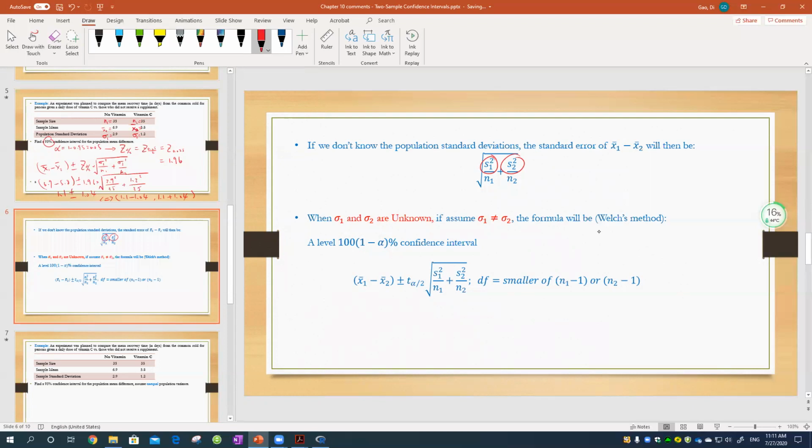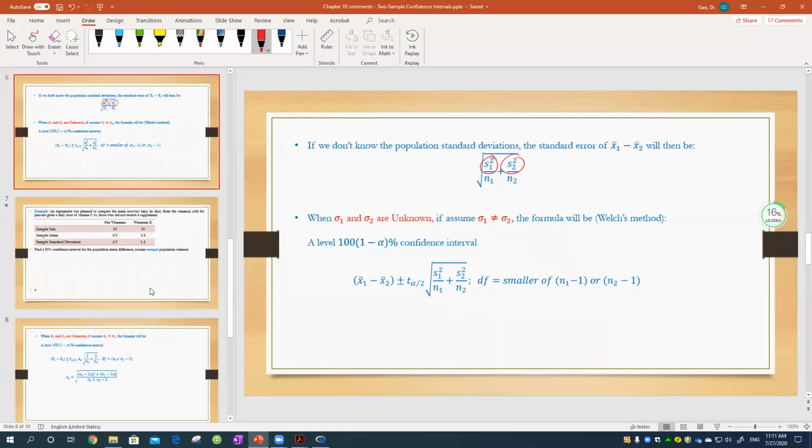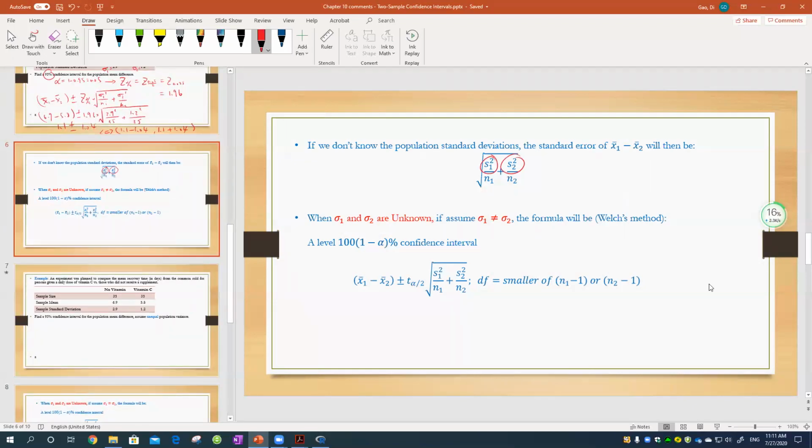But if we don't know the population standard deviation, we still have to look at two categories. The first one is sigma 1, sigma 2 unknown, but we assume the population information are not equal of each other.